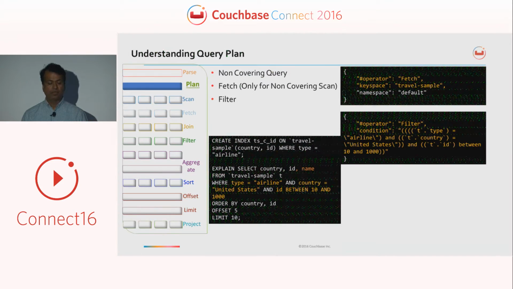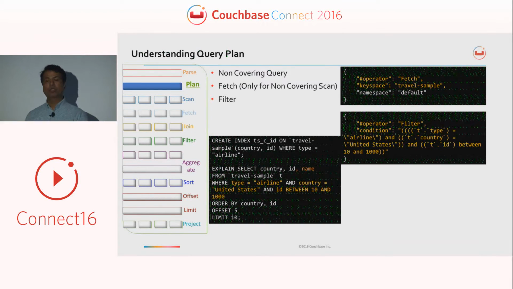When the query is not covered, you do see this additional operator called the fetch operator that I mentioned earlier. That fetch operation always happens in parallel. Once we fetch the data, then we apply the predicates again. So this is another important thing to remember. If it's a completely covered query, we get the results back from the index and project the results.